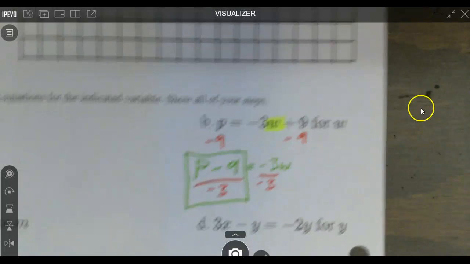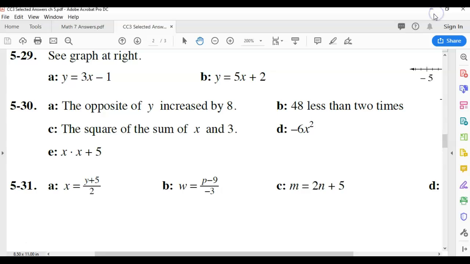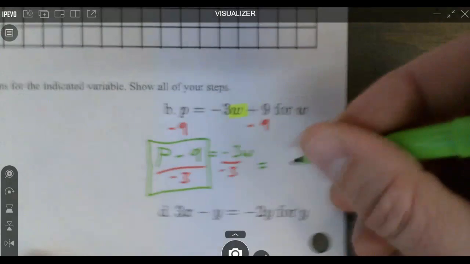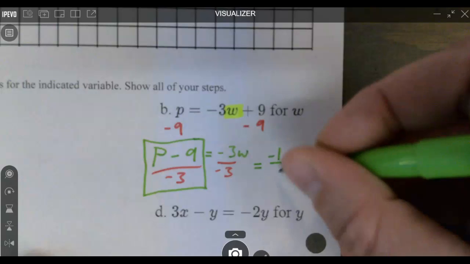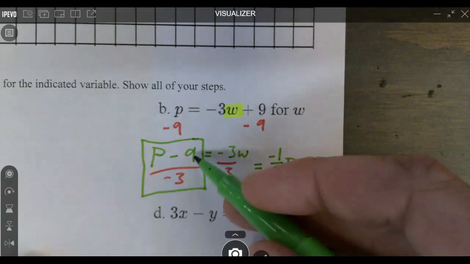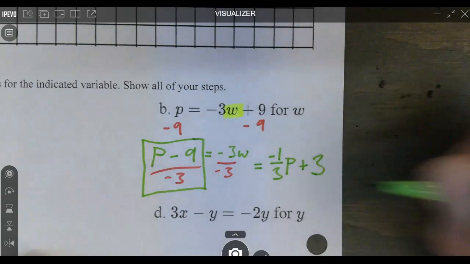Now, can that be simplified? Well, it kind of depends on what we call simplified. So, this is why that's what they have as their answer, is when we go to quote-unquote simplify it, it will become negative 1/3 P plus, 9 divided by 3 is 3.